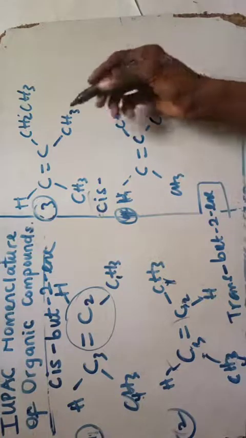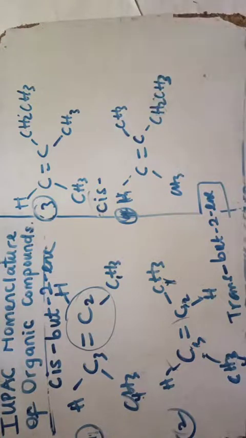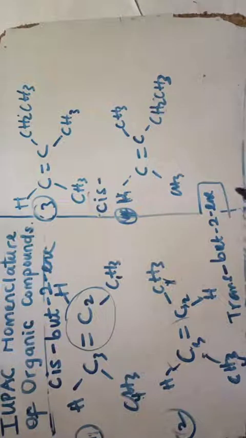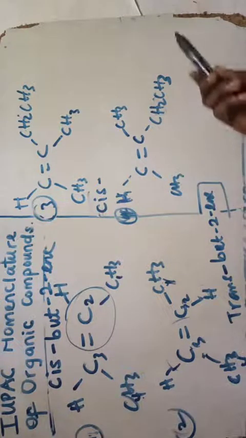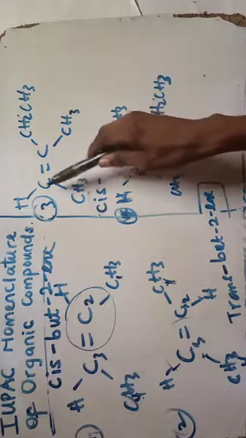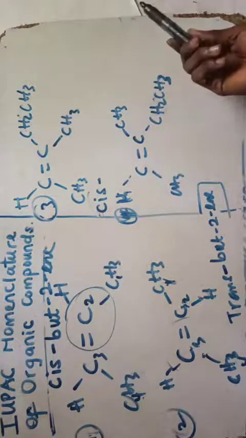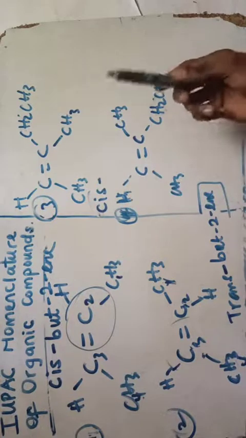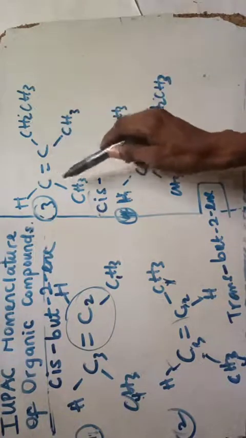Next thing you have is, like I shall count it, and you find out that this is cis here. So if I were to find the longest chain here, what is the longest chain? Let's say 1, 2, 3, 4. No. 1, 2, 3, 4, 5.